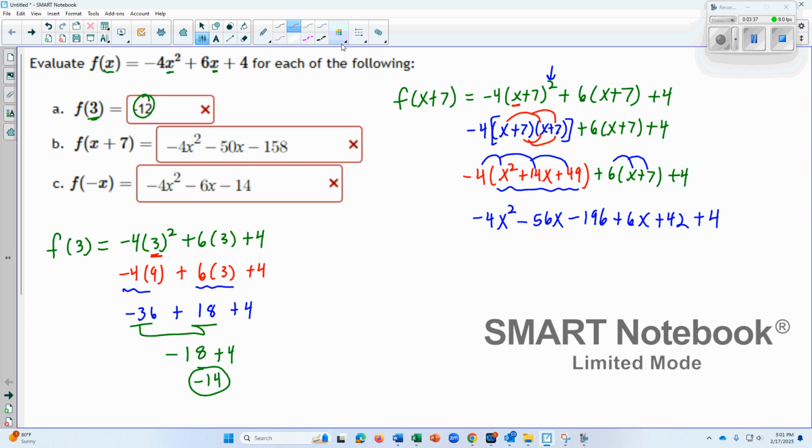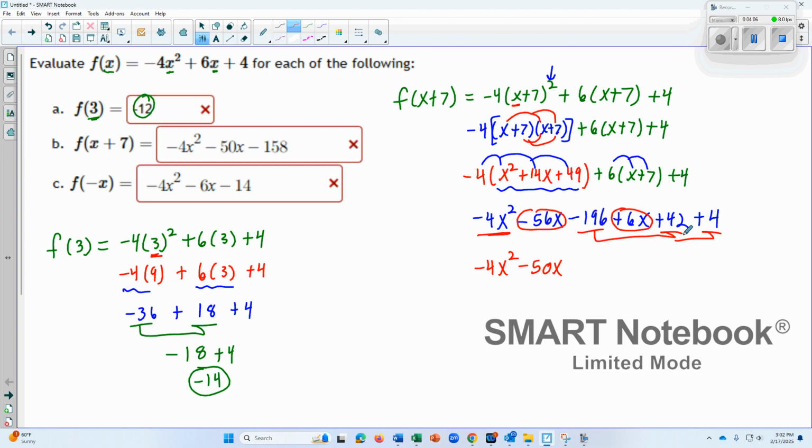So now it's time to combine any like terms we have. Well, this is the only x squared I have, so that goes first. Then we'll look at our x's. Let's see, we've got -56x and a plus 6x, so that'll come together as a -50x. Then the -196 plus 42, and then plus another 4 right there.